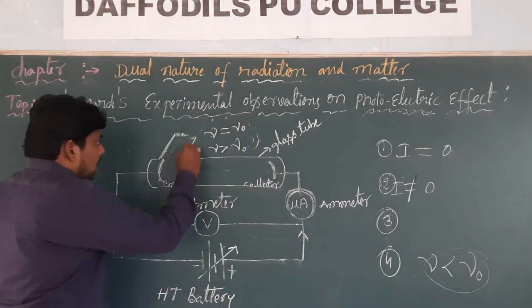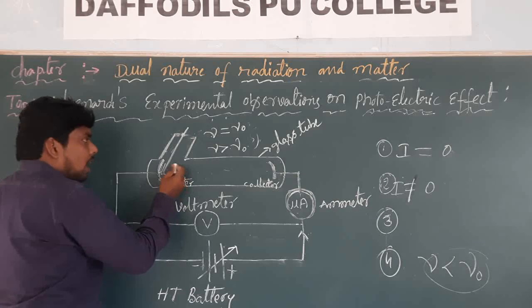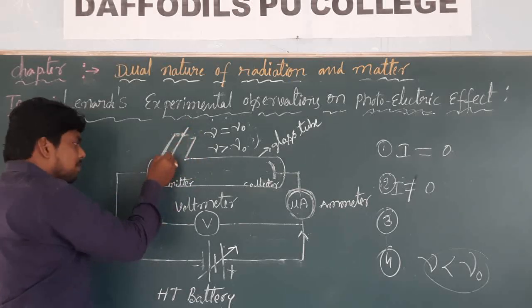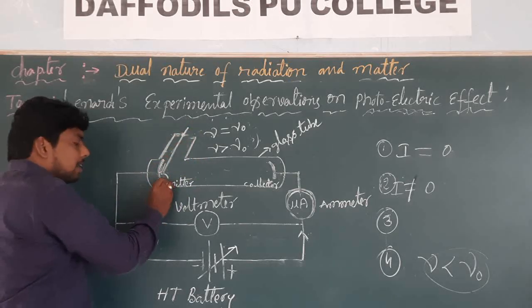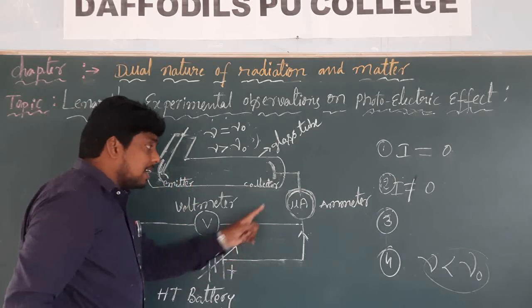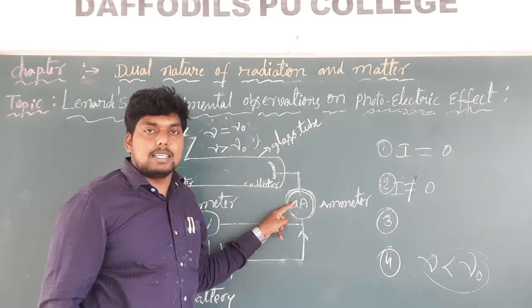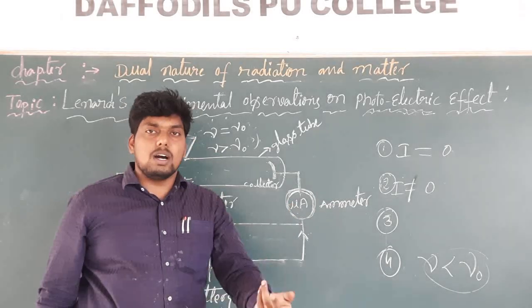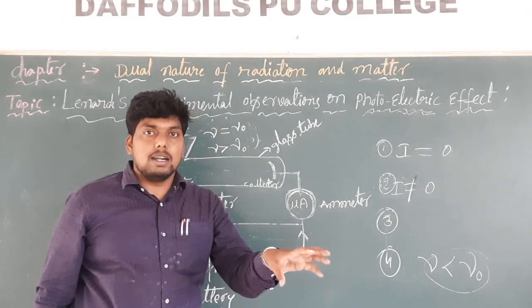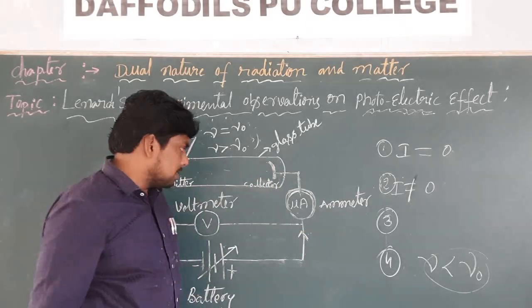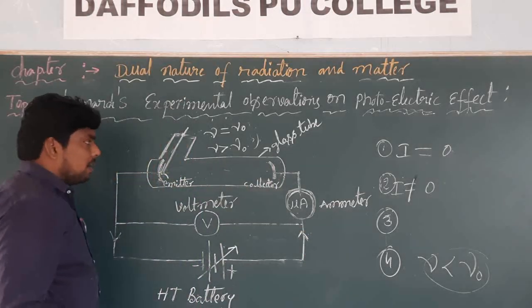Second point: when the UV rays are falling on the emitter plate, is there current in the circuit, or is there no current? There is current in the circuit. What does it mean? I equals 0 or I not equal to 0? I is not equal to 0. A certain value is there. Next, the third point. What is the third point?